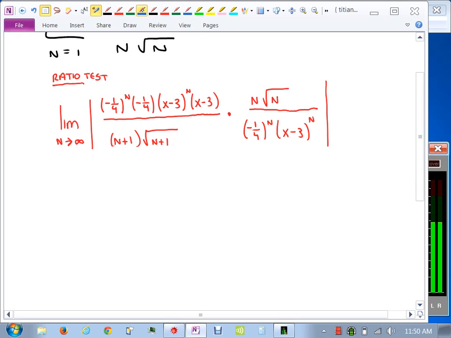All right, getting back to this. Cancel out that negative 1/4 to the n. Cancel out that (x minus 3) to the n. Anything else to cancel? Nope. Okay, so let me gather all my n's together.